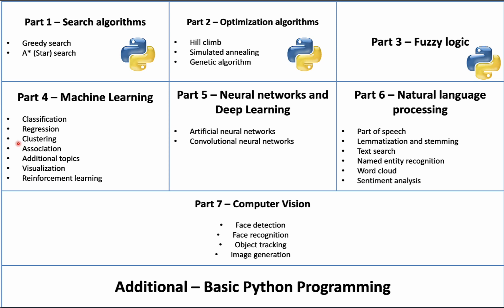Then you are going to learn about clustering and association rules. There are some more advanced additional topics about machine learning, how to visualize data, generating some interesting charts, and finally, how to implement reinforcement learning.